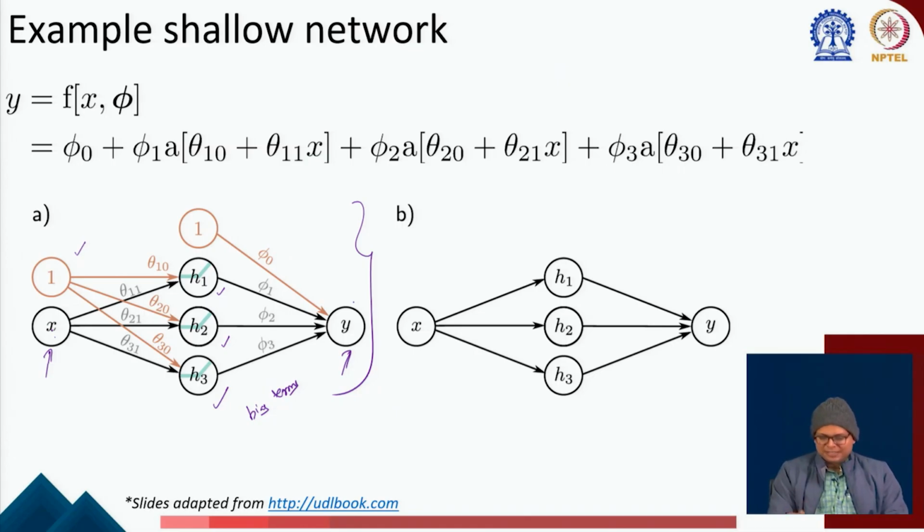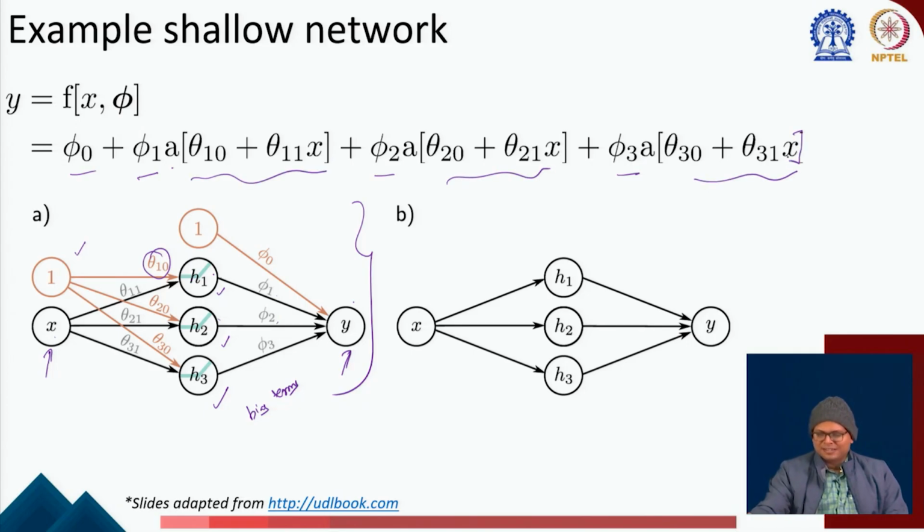So y equals phi naught, the bias term, plus phi 1 h1 plus phi 2 h2 plus phi 3 h3. What is h1? h1 is some nonlinearity applied over theta 1 0 plus theta 1 1 x, and so on for the others.